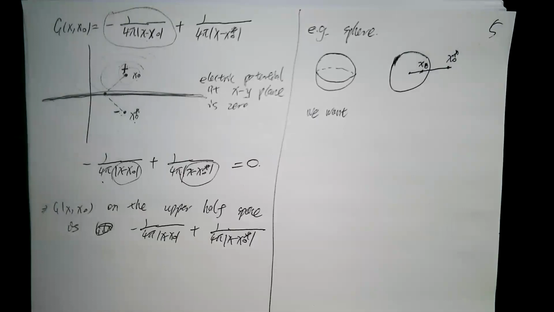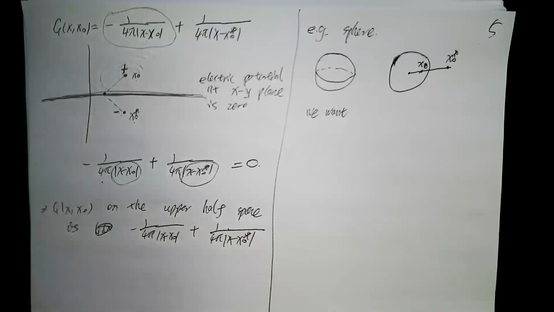Then where should you put this x0 star? Given x0, where should you put x0 star so that it can cancel all this potential, so that you get your Green's function? That's actually a physical problem.